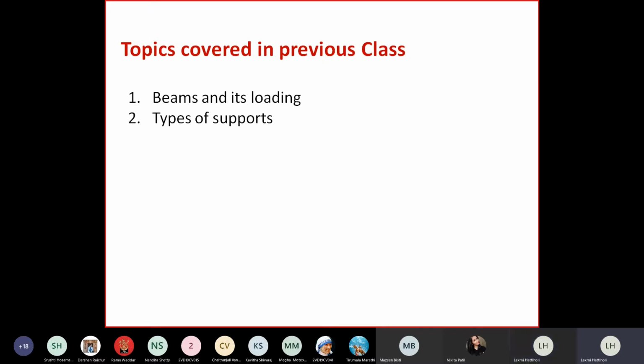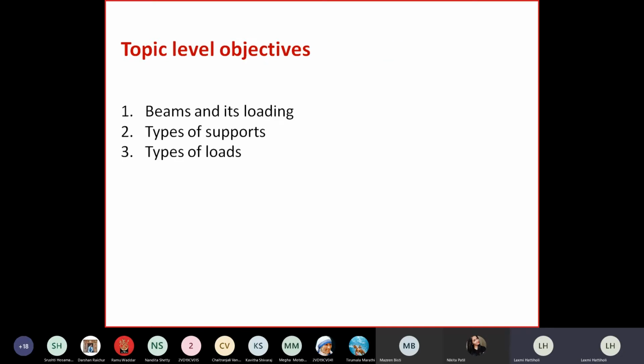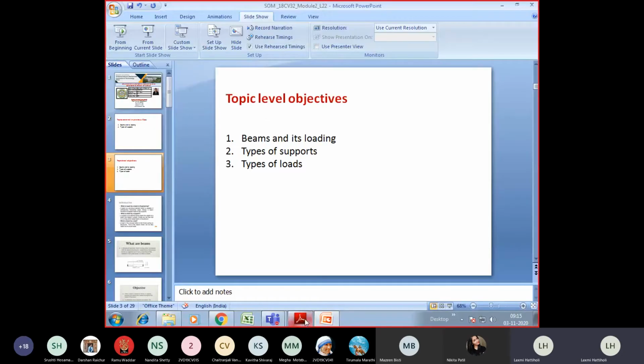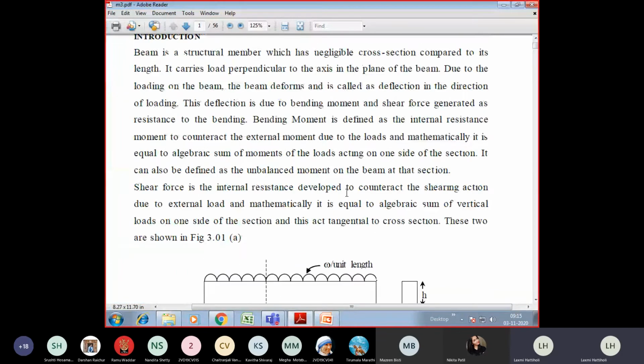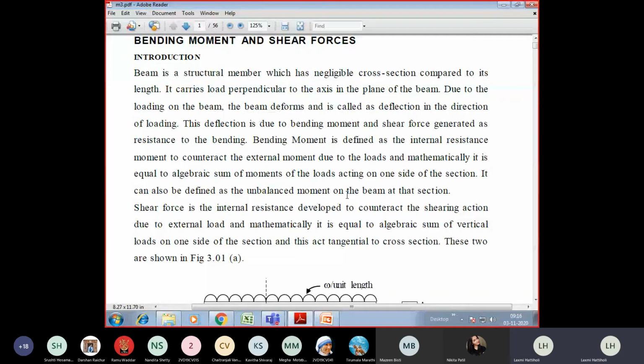In other words, we also defined it another way: the algebraic sum of forces to the right or left of the section is the shear force, and the algebraic sum of moments to the right or left of the section is the bending moment, right?